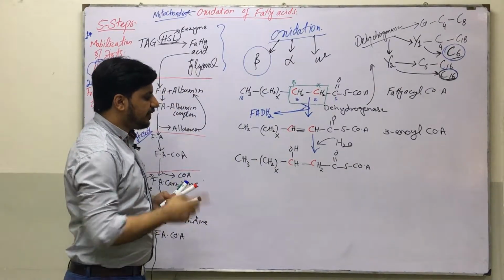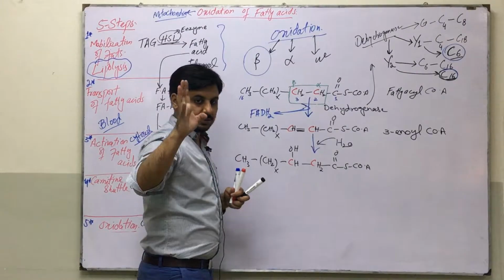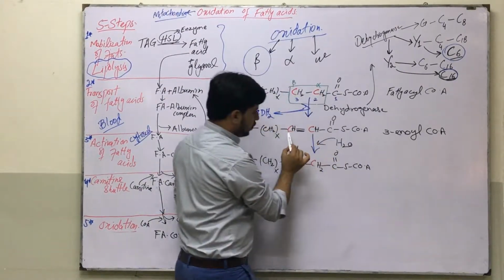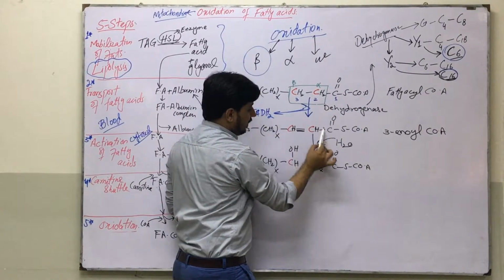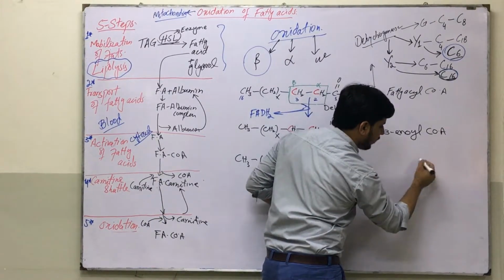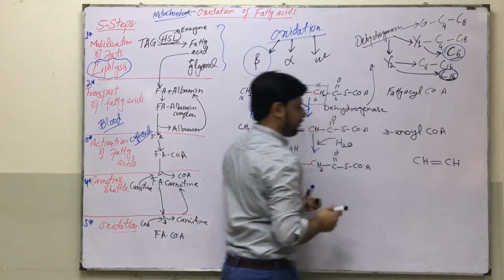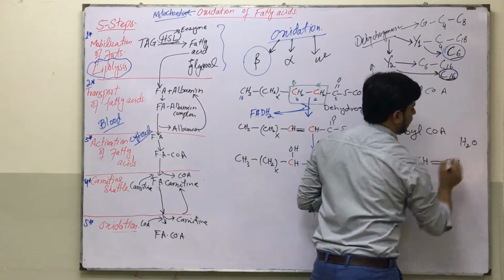What is the mechanism involved here? Try to understand and listen to me very carefully. I am just going to draw only this part of the fatty acyl CoA. For example, we have this structure, and also we have water.